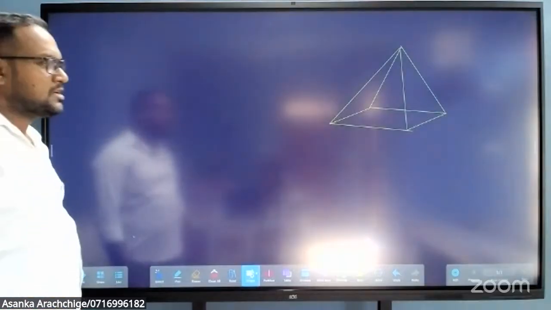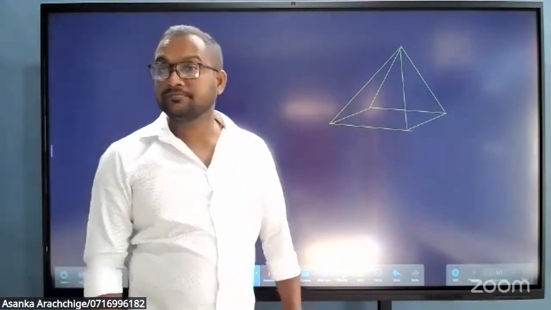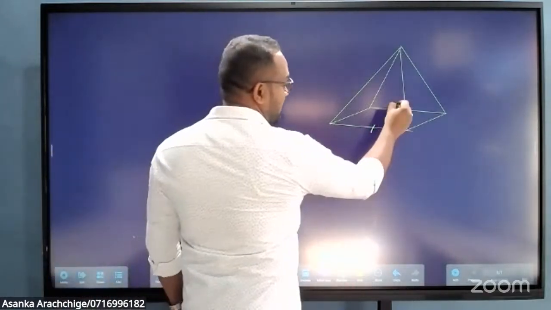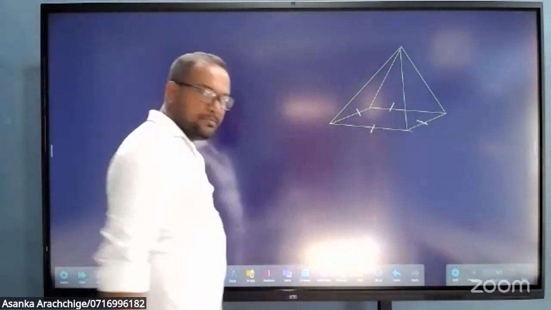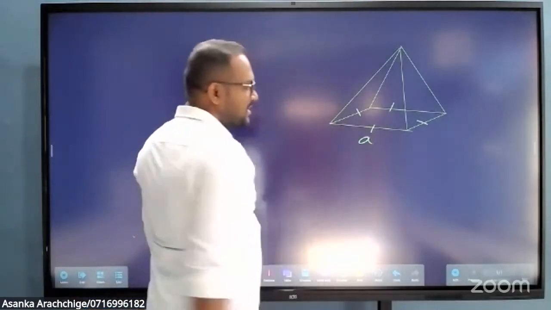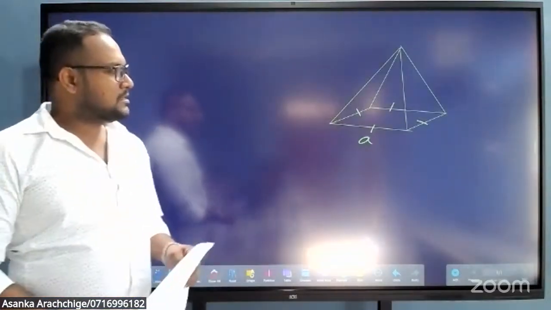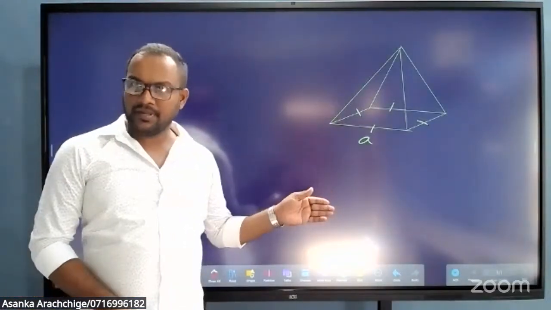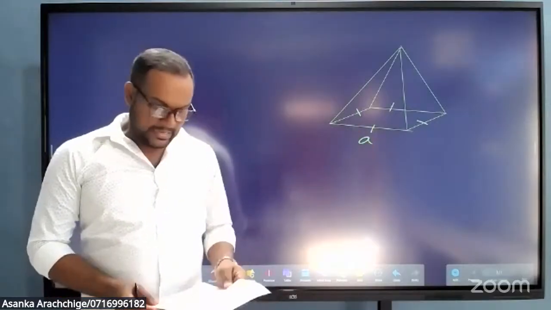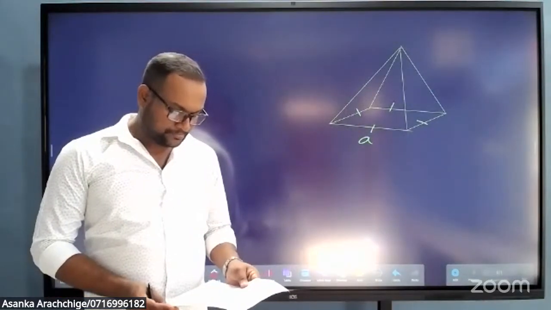What are the measurements that we require? We must know the length of an edge of the base. Right, here we are given each of these right square base pyramids have base length of A units, no?